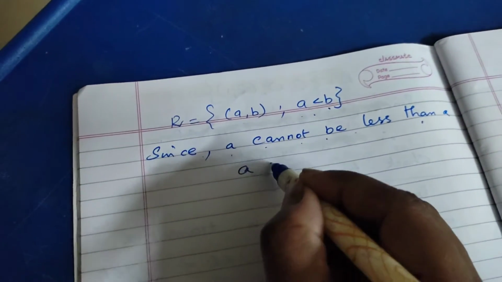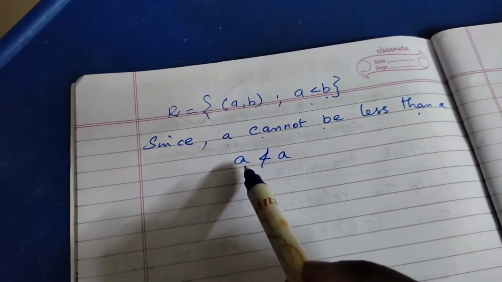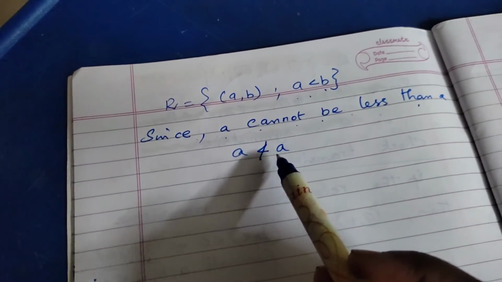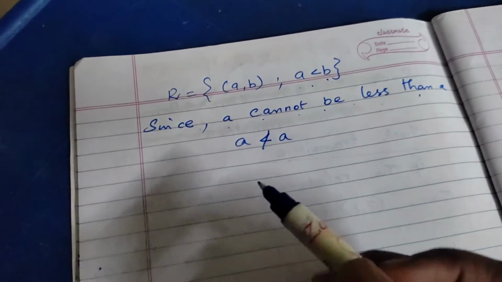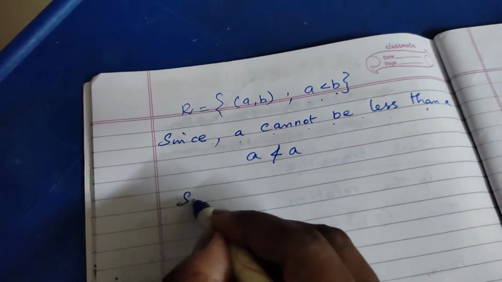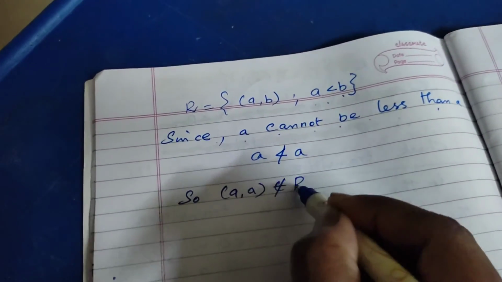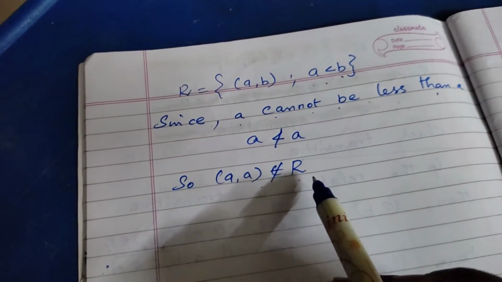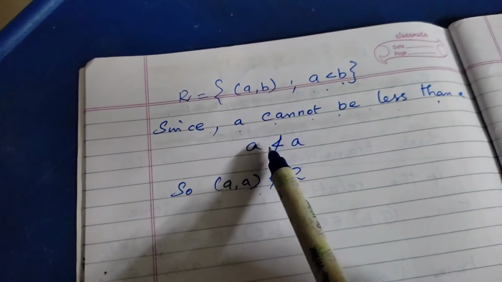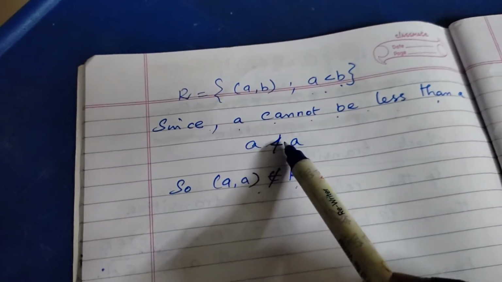That is, a is not less than a, because a equals a. Therefore (a, a) does not belong to R, because a is not less than a.